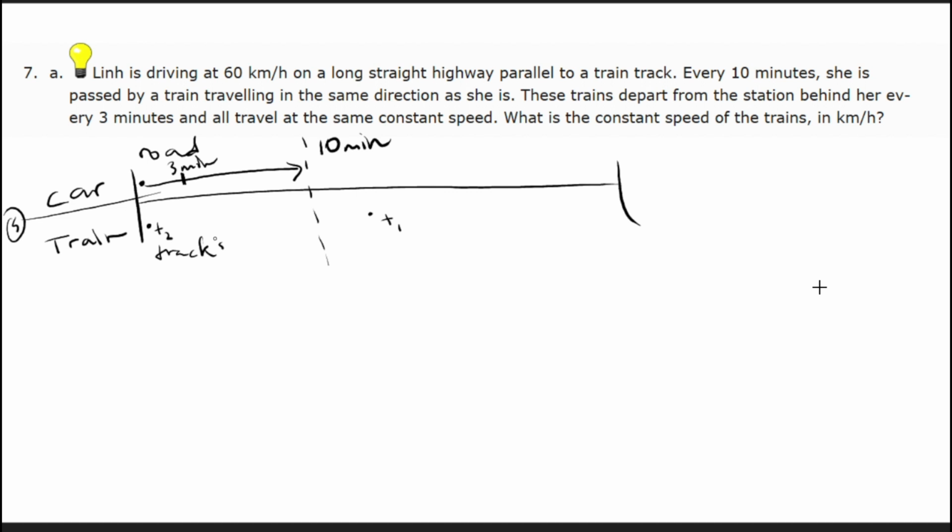So the distance that the car travels in 10 minutes is what? Well, we know that the speed of the car is 60 kilometers per hour. So what is this in 10 minutes? Well, 10 minutes is 1/6 of an hour. But actually there's a faster way to do this, because we know that an hour is 60 minutes.